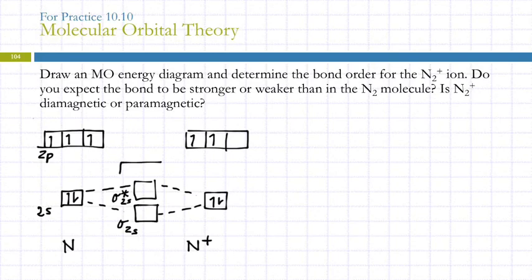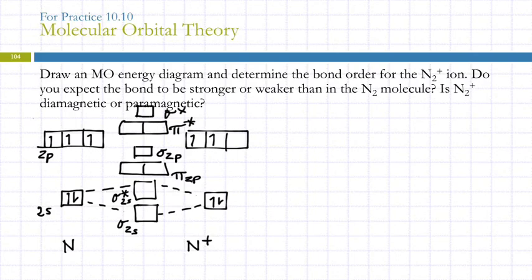So this one has the pi 2p orbitals down there, and then the sigma 2p, and then, sorry, not the sigma, then the pi star, and then the sigma star, and that's 2p.